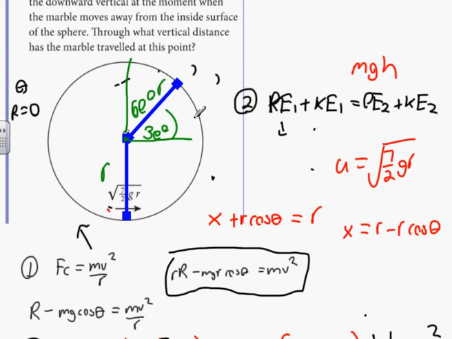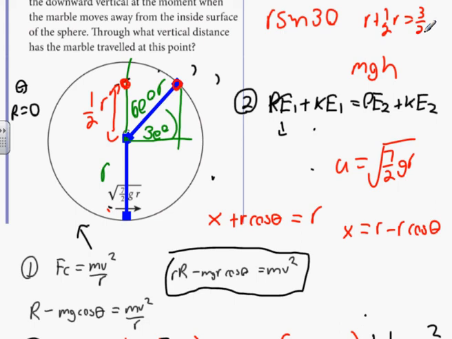The radius is r. So we just have to find out what distance it is from here to here. R sine 30. What is sine 30? It's a half. So it's r plus a half r is how far it's risen. R plus a half r equals 3 over 2 r.